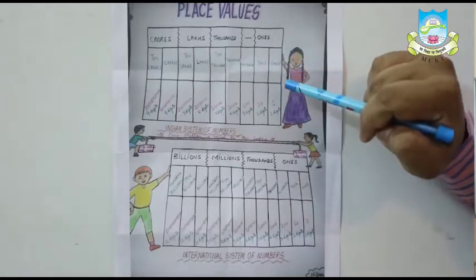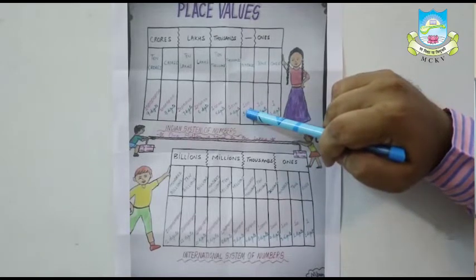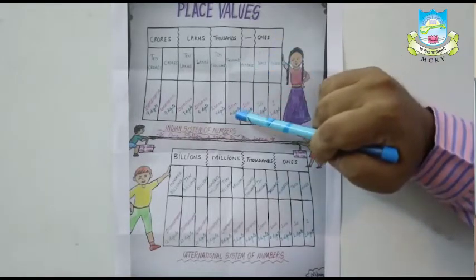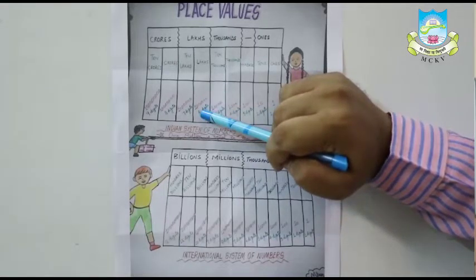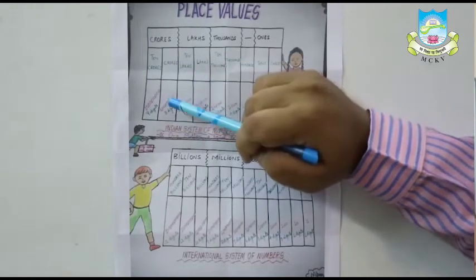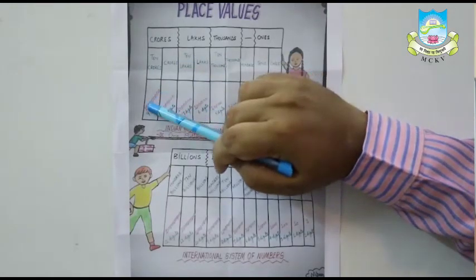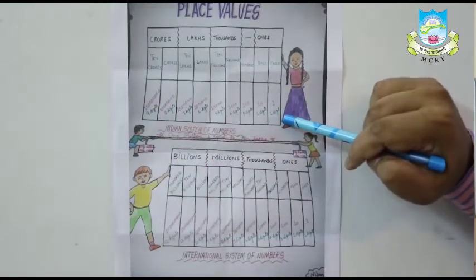The order is ones, tens, hundreds, then thousands, 10,000s, lakhs, followed by 10 lakhs, then crores, 10 crores. So this is the way we read any number according to the Indian number system.